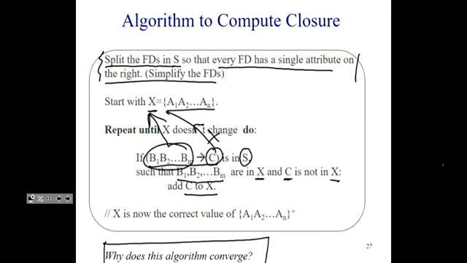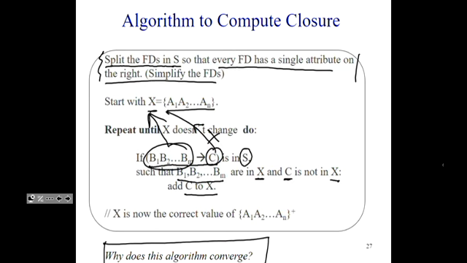It's the total number of attributes that you have, right? You don't have an infinite number of attributes. You have a fixed number of attributes. So in the worst case, X will grow as much as the total number of attributes that you have. It can't go beyond that. Because of that, at each iteration you are increasing X by 1 and you have an upper bound, and therefore this algorithm has to converge.